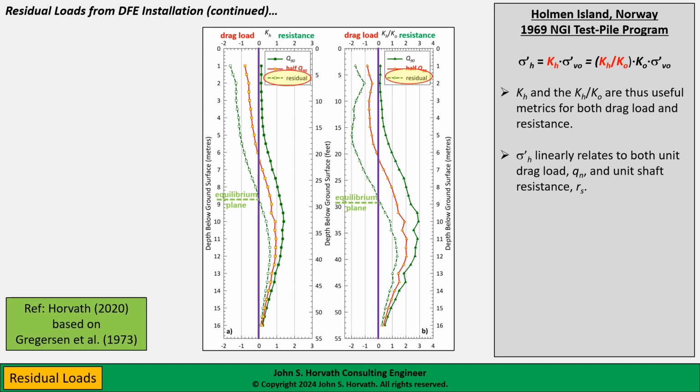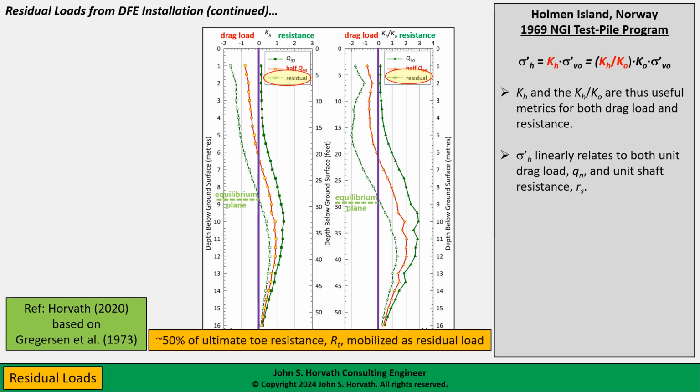In fact, the equilibrium plane after installation is a little bit more than halfway down the pile shaft. All right. And again, whether you look at K_H or the K_H to K_0 ratio, you could see the drag loads, the negative values here, and then the transition at the equilibrium plane to resistance.